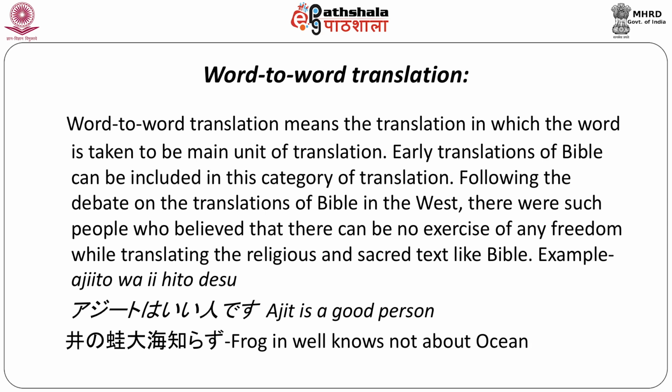Now, here we take it word by word and include all the words of the source language. Ajit to wa ii hito desu. Translation would be, Ajit is a good person. Ajit अच्छा लड़का है.